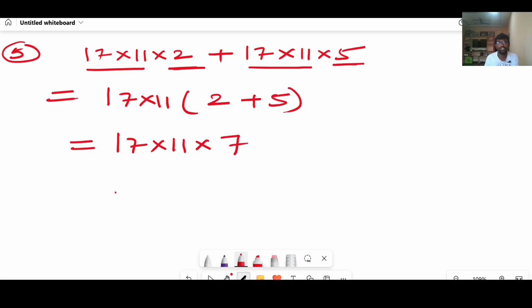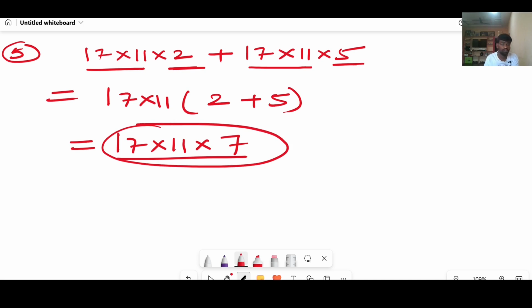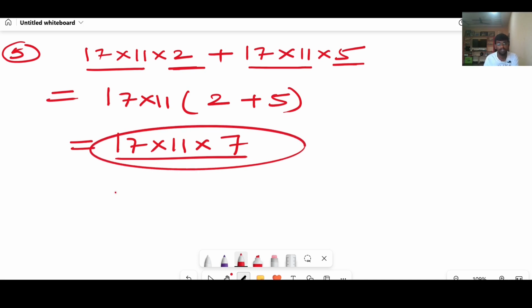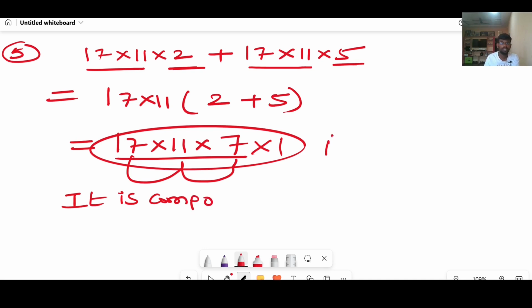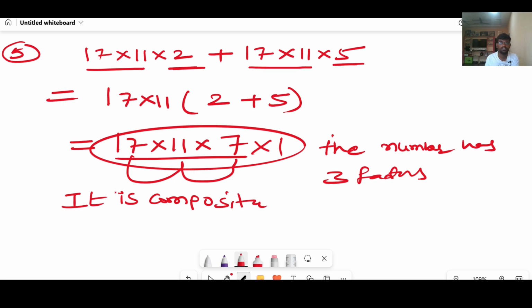Irrespective of the result, we don't know what result we get here, but the result consists of 3 factors. Therefore, I can conclude that it is a composite number. You have to mention that the number has 3 factors. Therefore, it is a composite number.